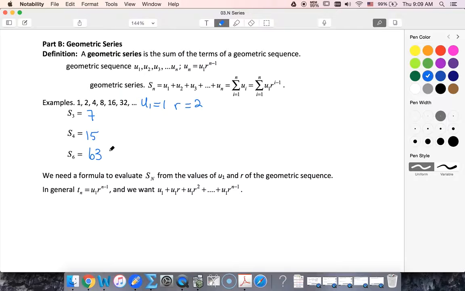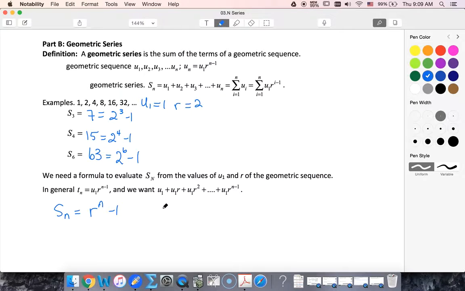Notice that these are all almost powers of 2. So this is 2 to the 3rd minus 1. This is 2 to the 4th minus 1. This is 2 to the 6th minus 1.